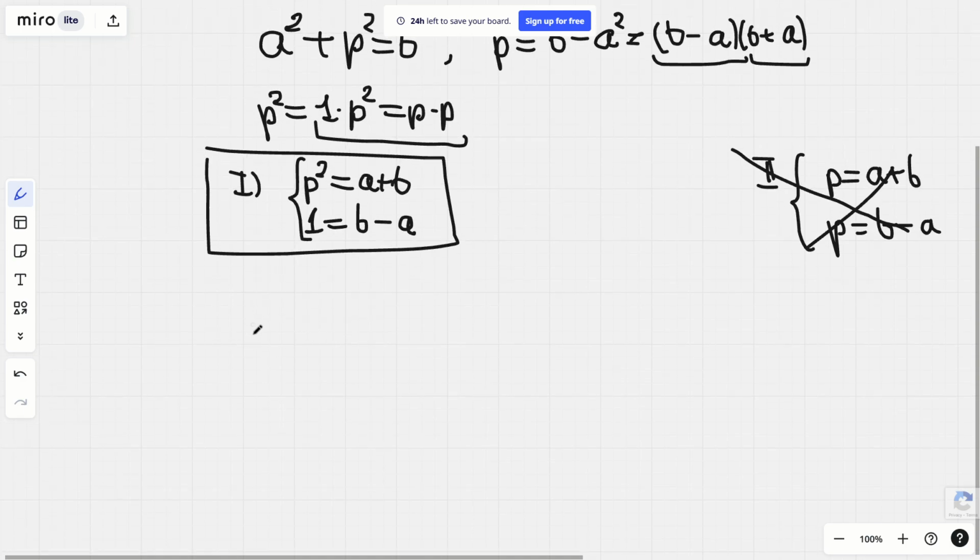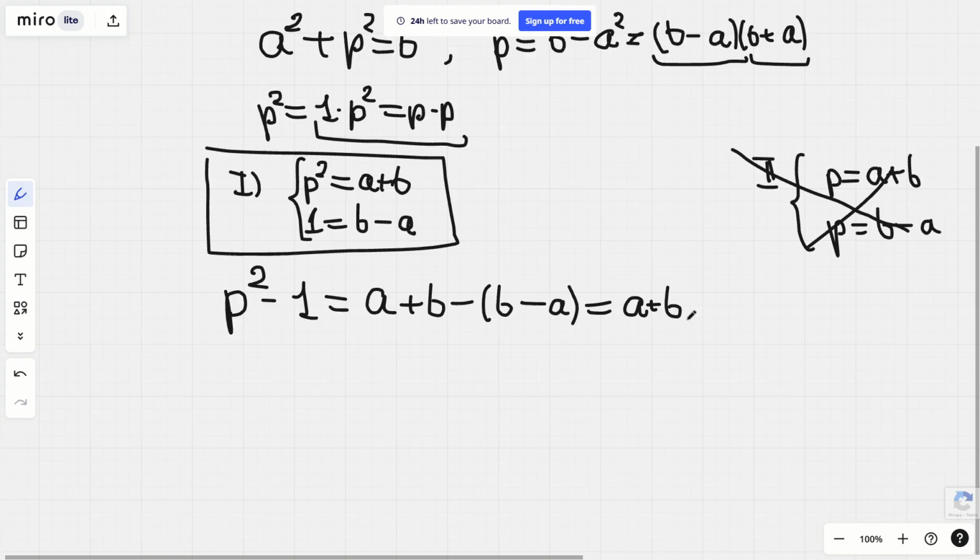Let's solve for this one. Let's rewrite this as p squared minus 1 equals a plus b minus b plus a, and that's 2a. So here we're going to do a manipulation. We add 2p and 2 to both sides.